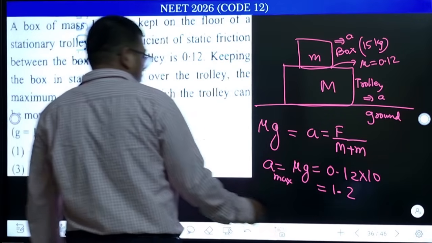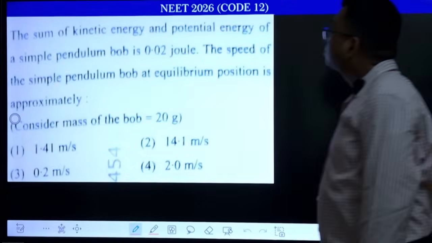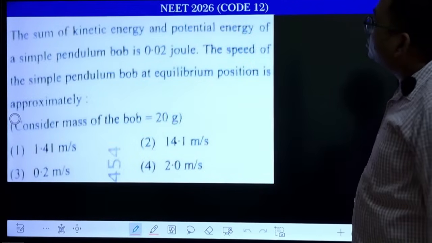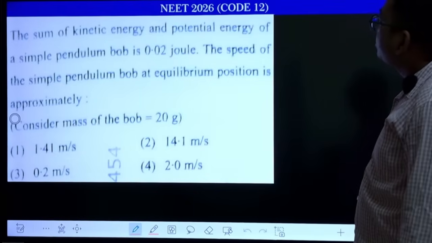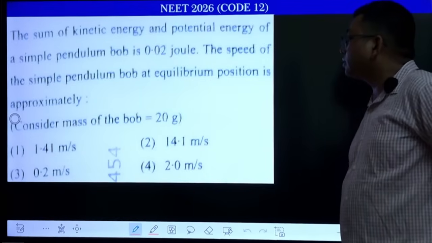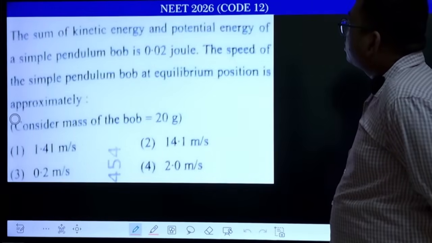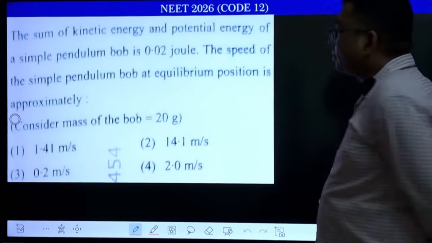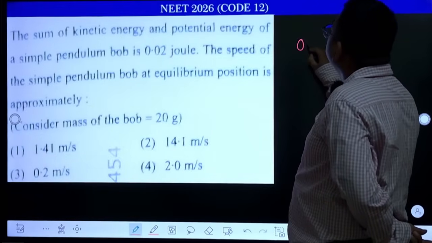Okay. Next, the sum of kinetic and potential energy of a simple pendulum is given. The speed of the simple pendulum bob at equilibrium position is approximately? So the total energy they have given, total energy is 0.02.